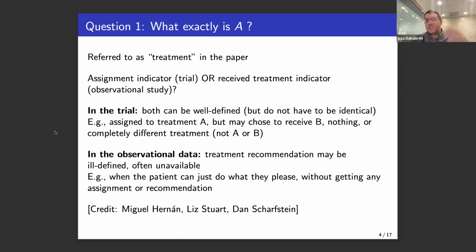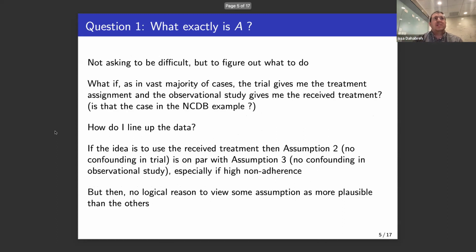For example, if patients can do whatever they want without listening to a doctor, just go to a pharmacy and pick up a medication, then there's no sense of a recommendation being made. And again, it would never be captured. And so it seems to me this is a non-trivial semantic difficulty. And then I'll return to non-adherence in a second.